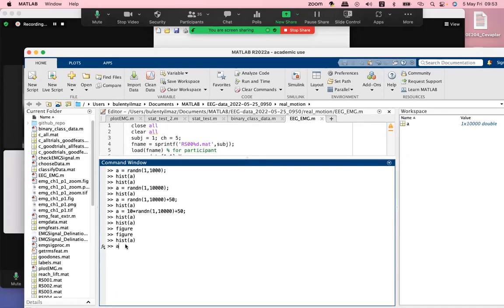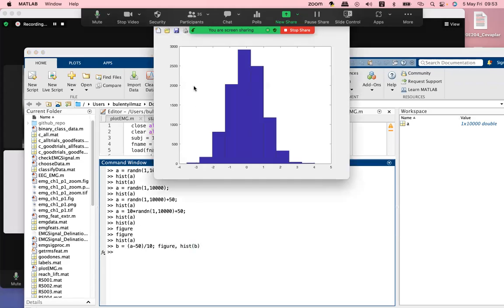I can say A minus 50. That will make everything now 0 mean, divide by 10. Okay, and then plot. Let me open up a new figure and then show you the histogram.